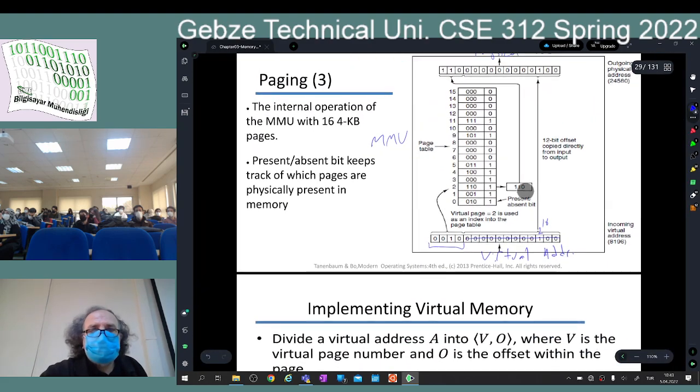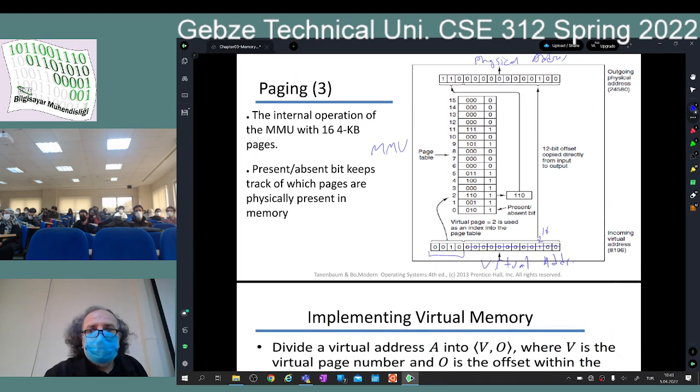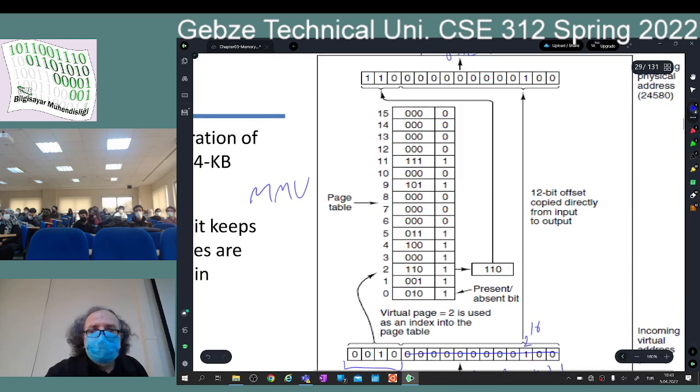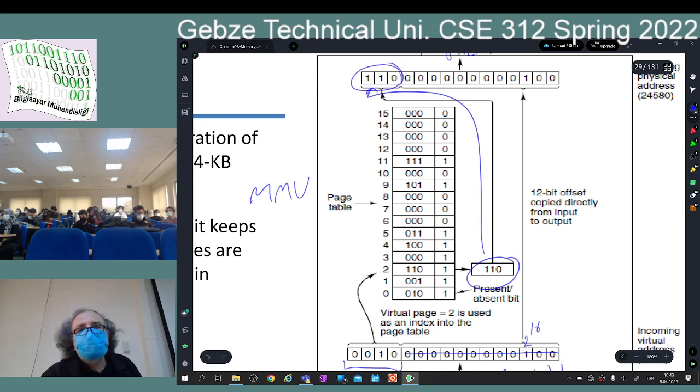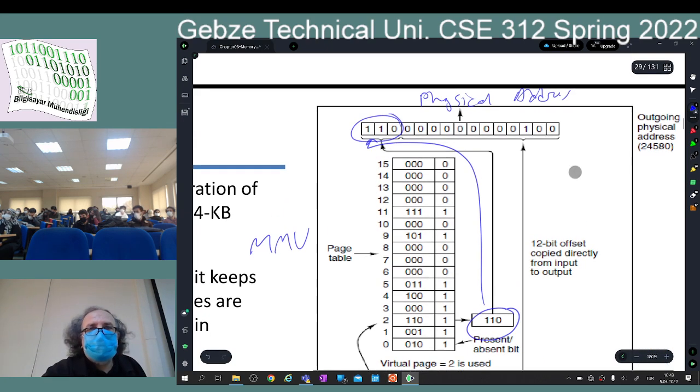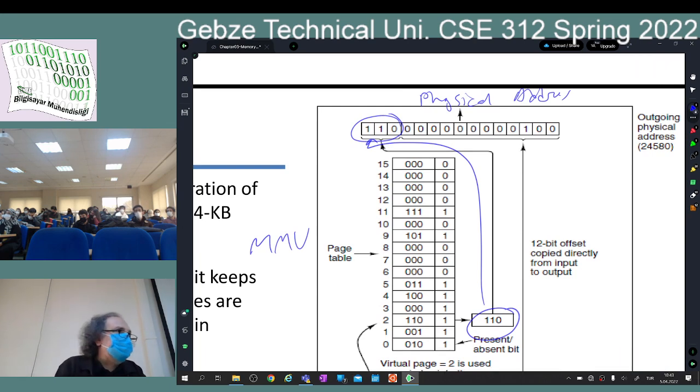I take this number and put it at the beginning of my new physical address, followed by the least significant 12 bits of my original virtual address, which stay the same, and output this as my physical address. So basically what the MMU does is just a simple table lookup.